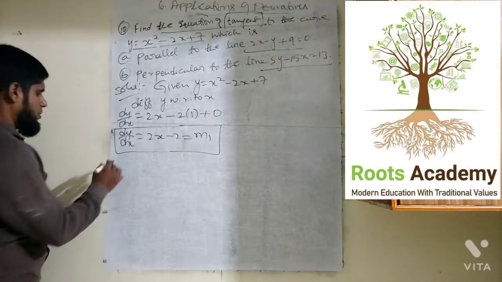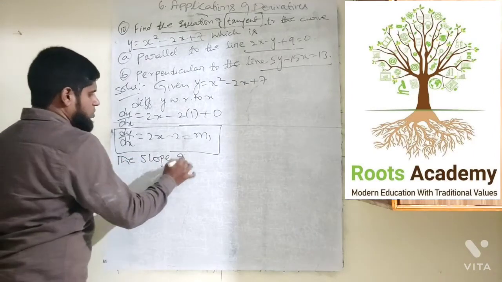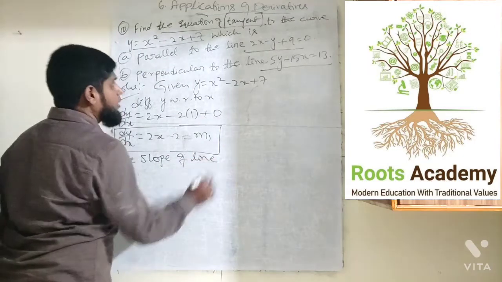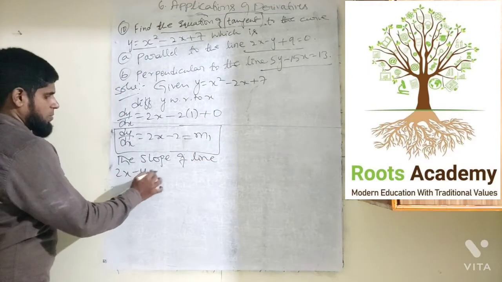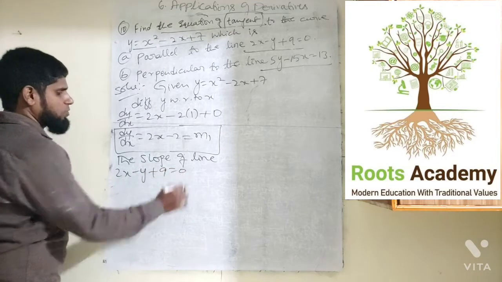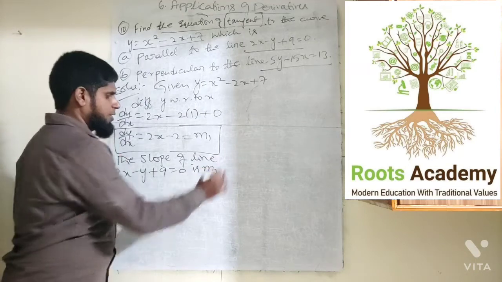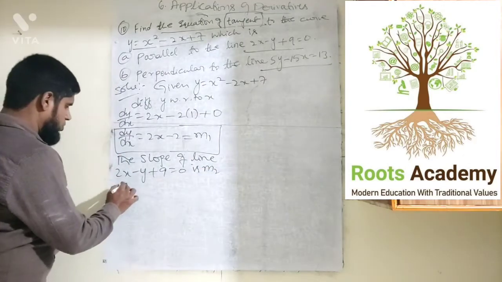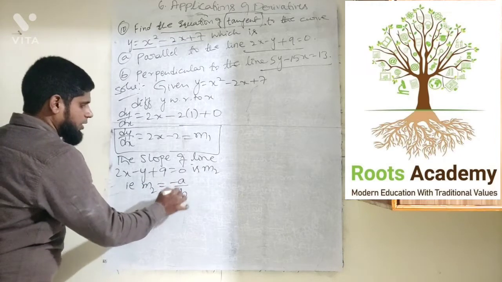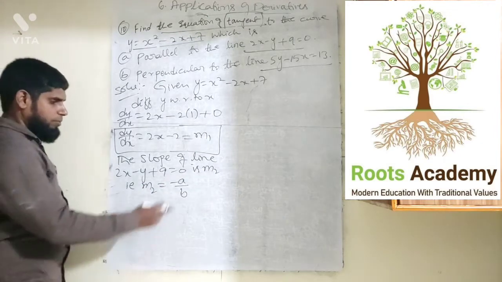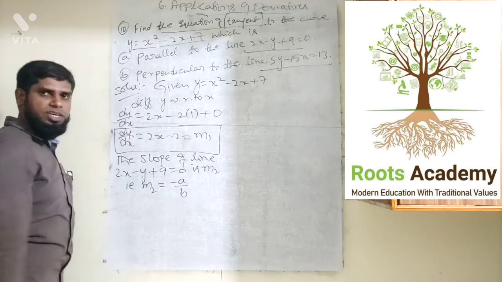Next, the slope of the line 2x minus y plus 9 is equal to 0 is m2. That is, m2 is equal to minus a by b, that is, minus coefficient of x divided by coefficient of y.